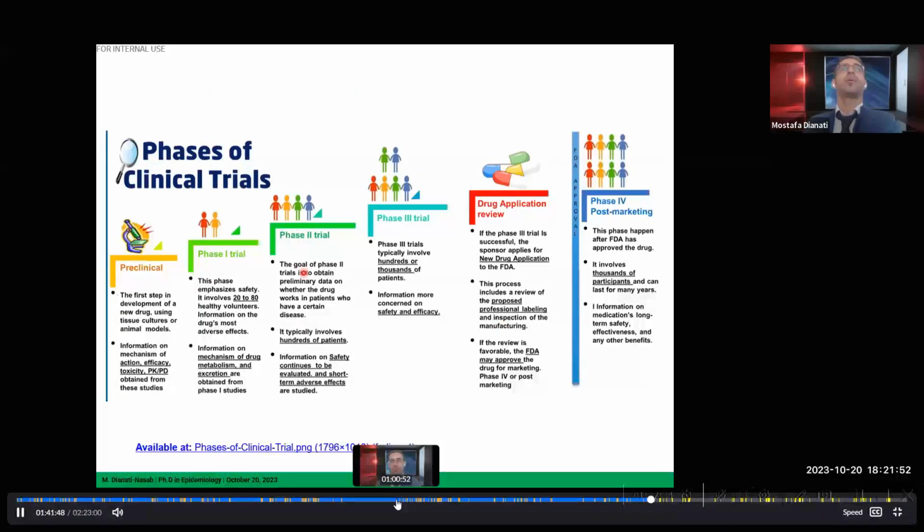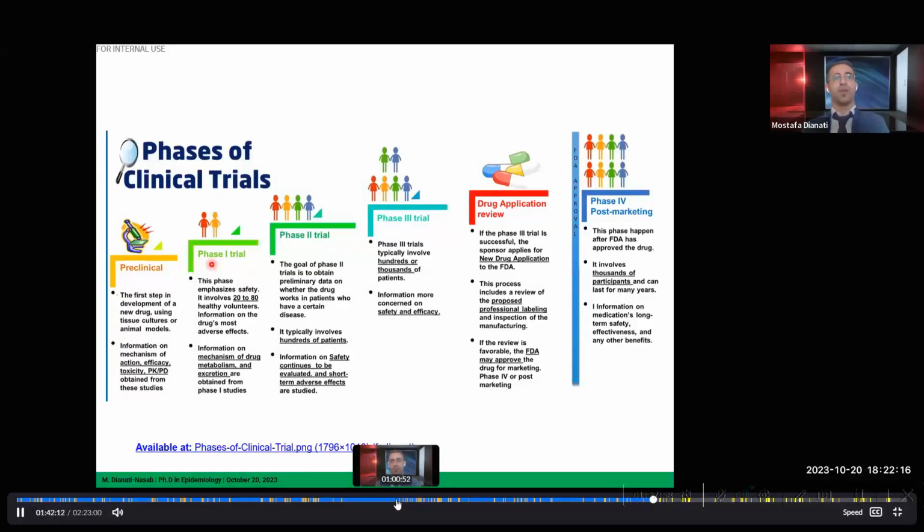Let's go ahead. Please remember that for clinical trials, we have several phases. First, we have preclinical, then phase 1 trial. Preclinical is mainly, for example, to see the effect of a vaccine. First, we will use it in the lab or animals or something like this.